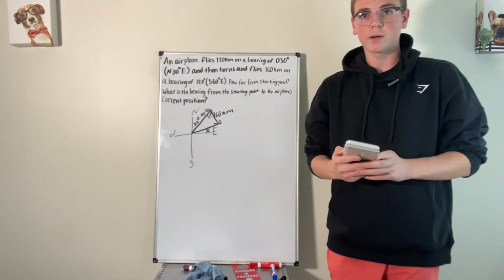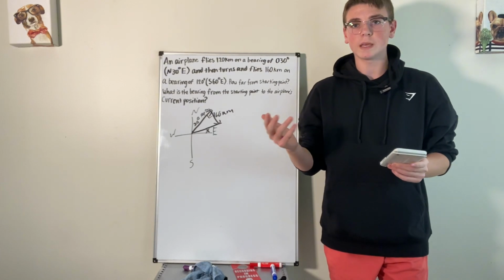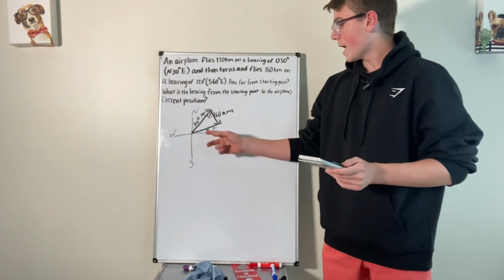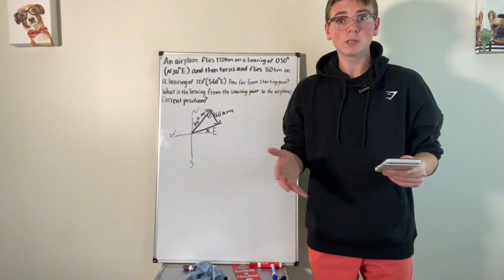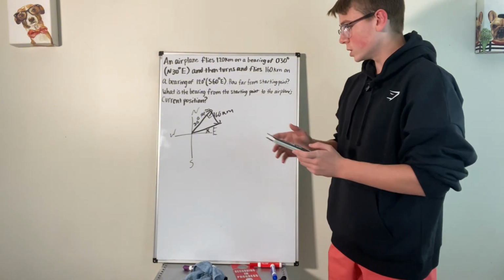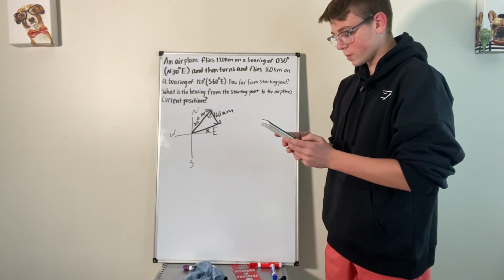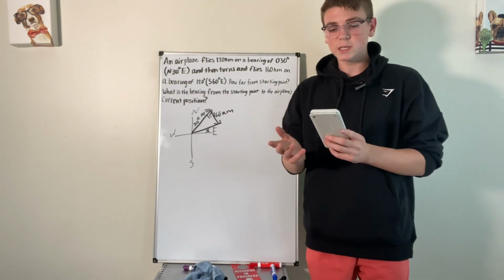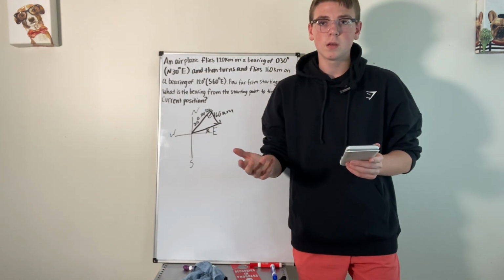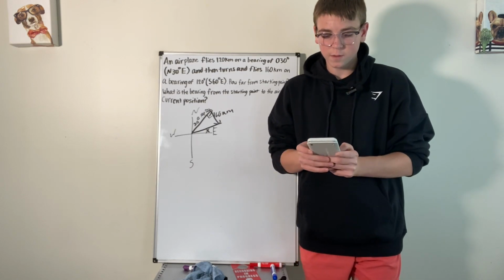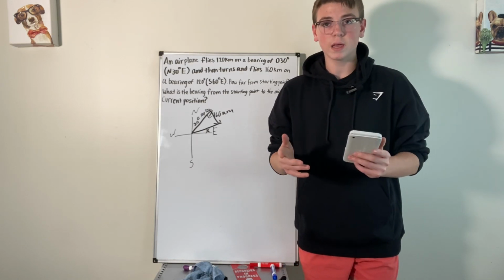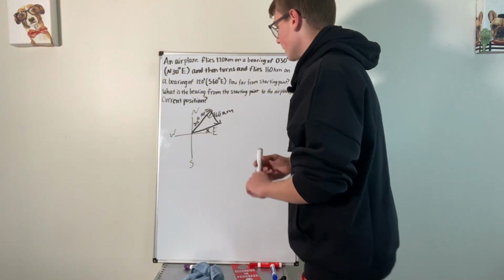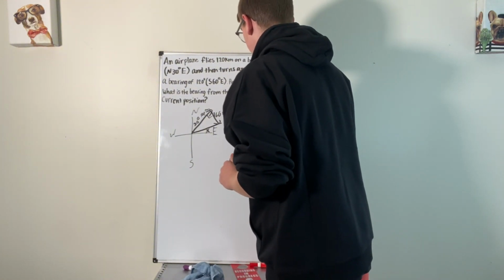We're going to do the Pythagorean theorem, which is a squared plus b squared equals c squared. X here is the hypotenuse, so it's our c squared. So we will do 120 squared plus 160 squared, so c squared equals 40,000. Now, just take the root of 40,000, and you'll get 200. So x equals 200 kilometers.